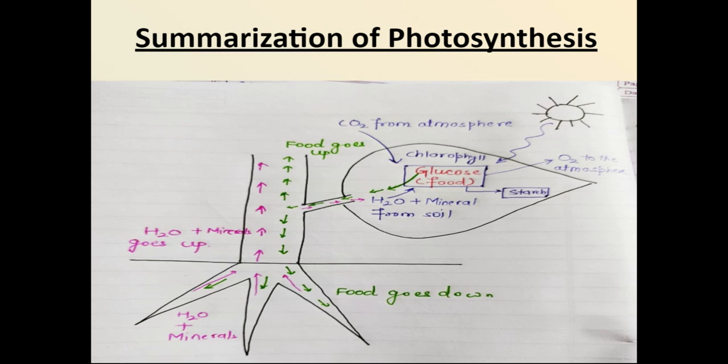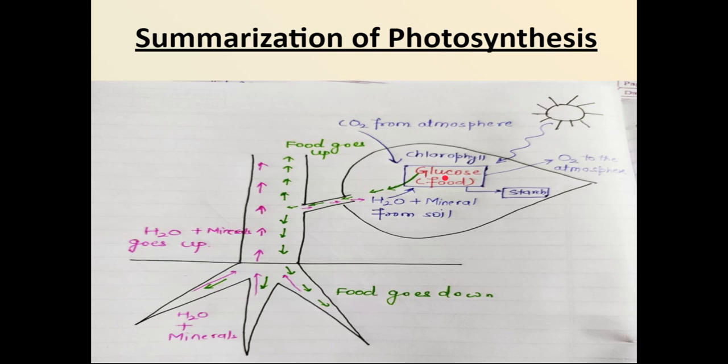Now, O2 is being released as a byproduct from the stomatal pore into the outer atmosphere, and water and minerals are being absorbed from the soil for the process of photosynthesis, and ultimately the magic product, that is glucose, is being prepared by the plant.